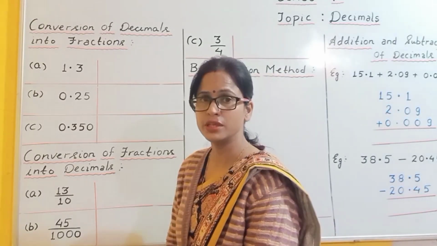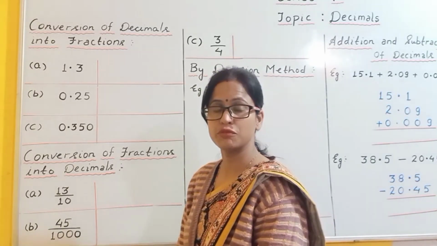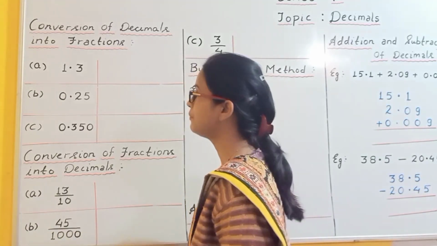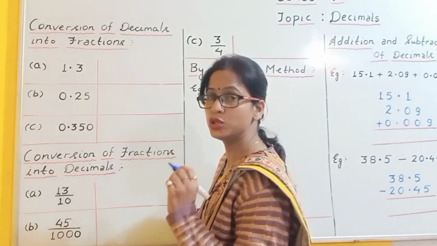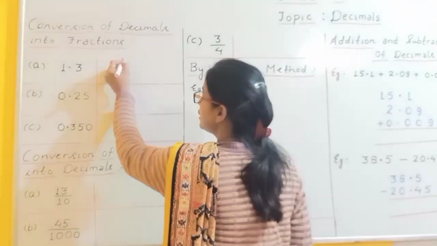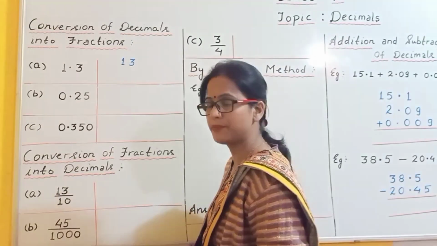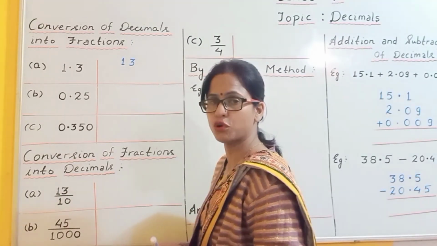As you know children, to convert into fractions we need a numerator and a denominator. So now look here. We'll get the numerator by removing the decimal. Now this is the numerator. Now we have to form the denominator.